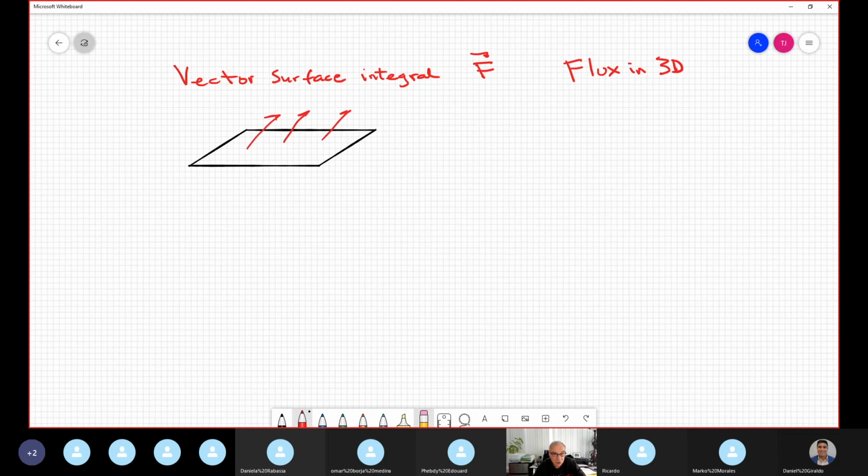Remember, a vector field is a bunch of vectors, no? I draw four vectors, but you know, you have infinite vectors, no? So what's my goal? My goal is to compute the flux, which is the amount, how much vector field is passing through the surface S. This is the surface S. This is the vector field F.